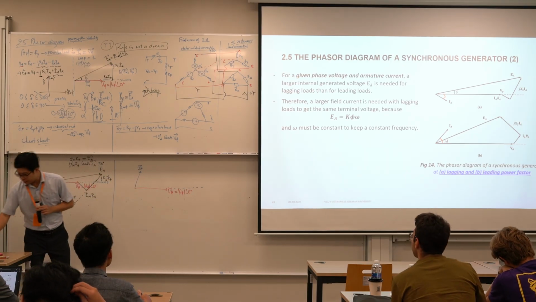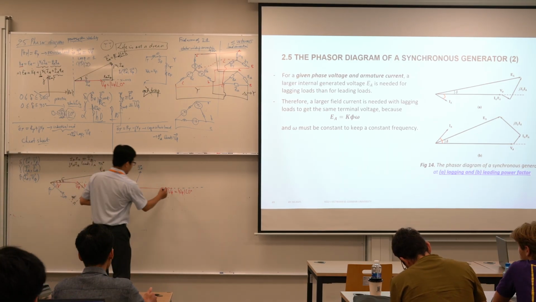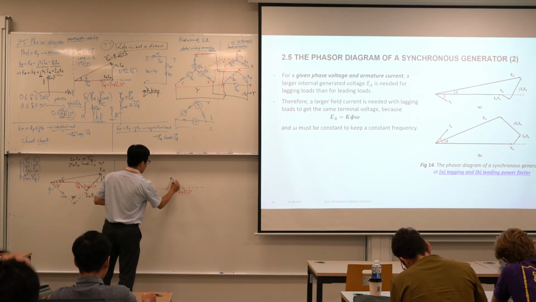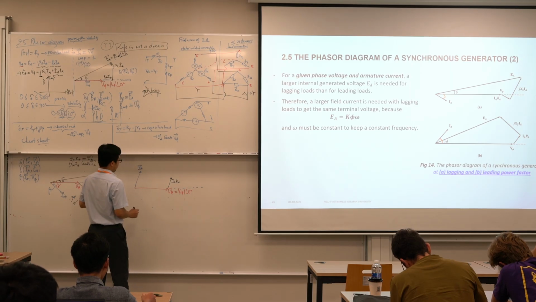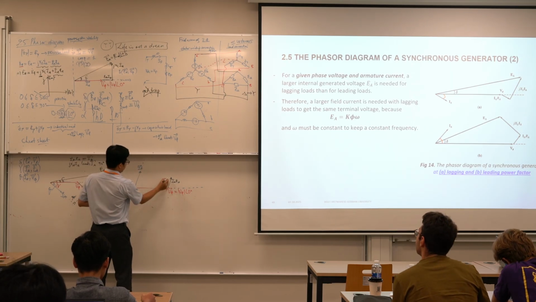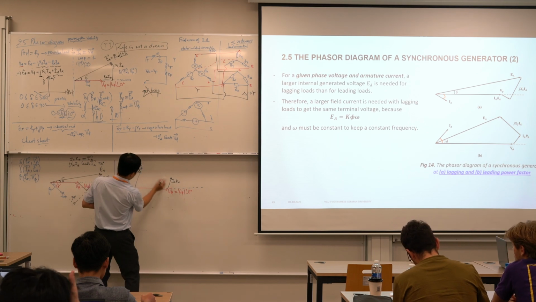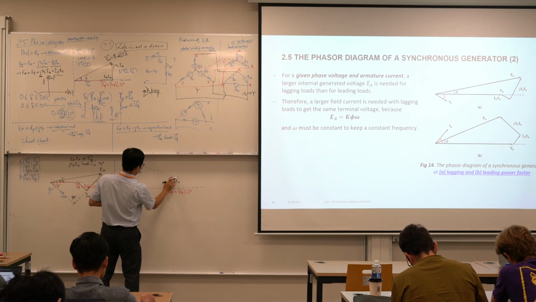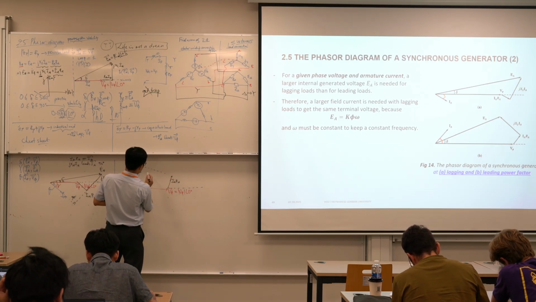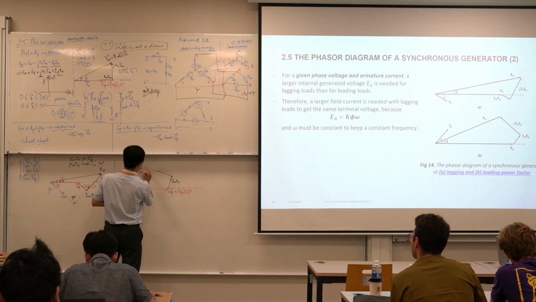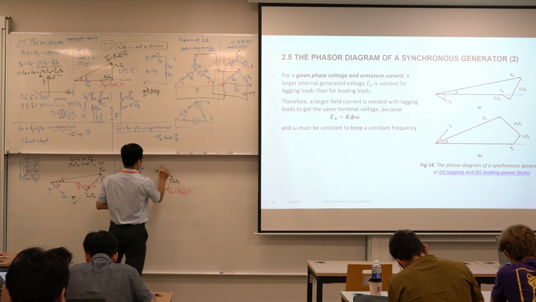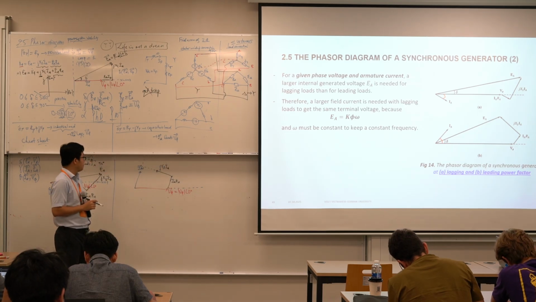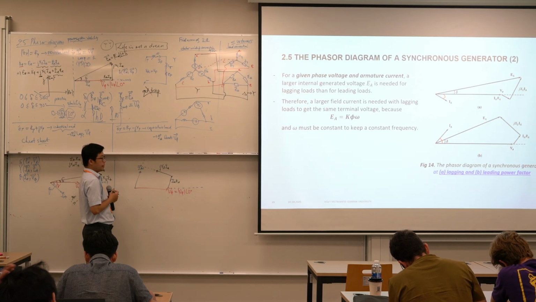Okay, so now we can have IA, yes, then this one is jXs IA, okay? 90 degrees, right?